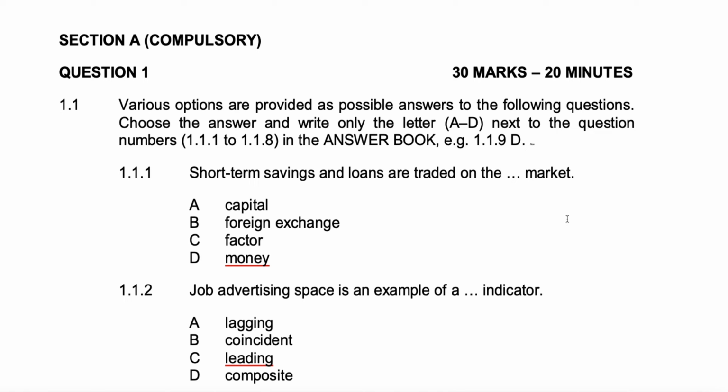Now they start advertising: I need a CEO, I need people to do this, I need people to do that. So job advertising space tells us something. Why are companies hiring? It probably means that things are going to begin to turn around.